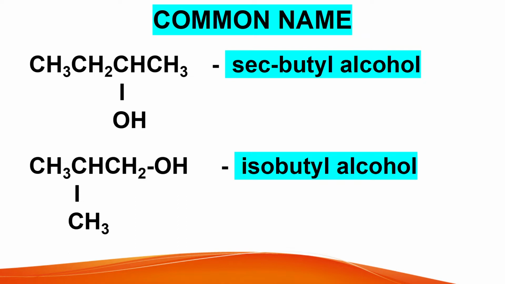And since we have 4 carbon atoms in this structural formula, the name of the alkyl group is isobutyl. Then add the word alcohol. So the name of this alcohol is isobutyl alcohol.